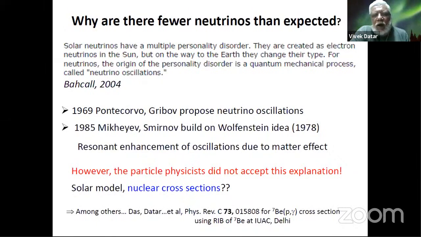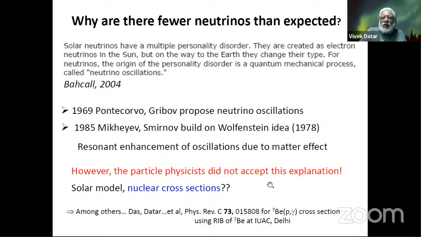So this is a very robust idea to show that neutrino oscillations can lead to this effect, that is the observed shortage of neutrinos that we have on the Earth. However, initially, this idea of neutrino oscillations as a possible solution of the solar neutrino deficit was not accepted by particle theorists.